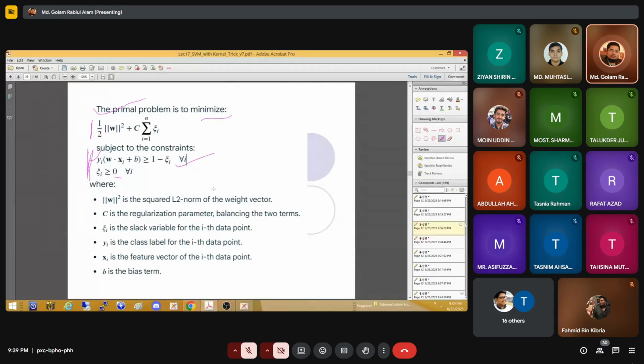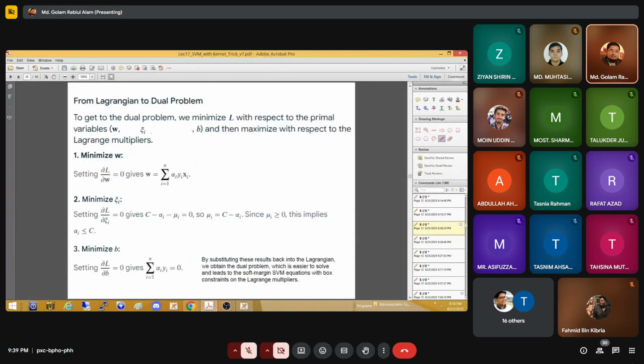So how can we solve it? Again, the method we discussed in our previous lecture, the Lagrangian method. At first, form the Lagrangian equation, and then take the derivative with respect to W, the derivative with respect to xi i, and the derivative with respect to b. Then we will get these equations.